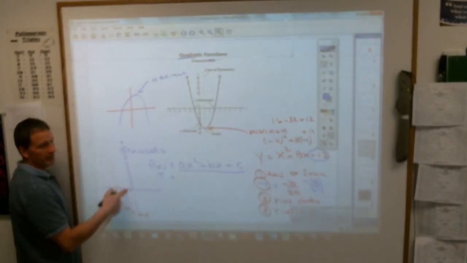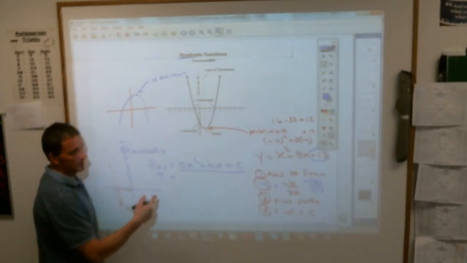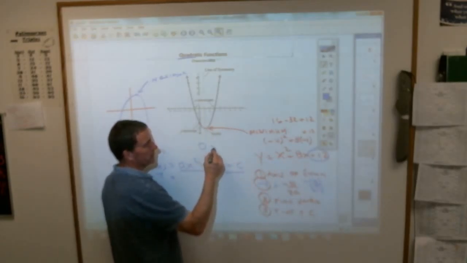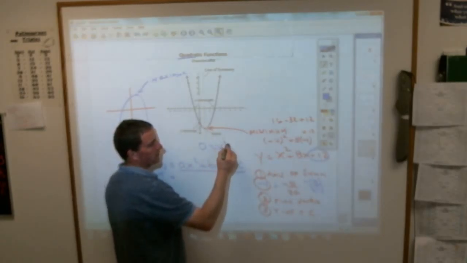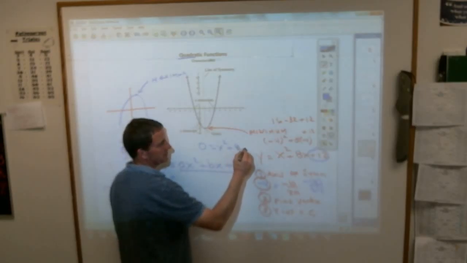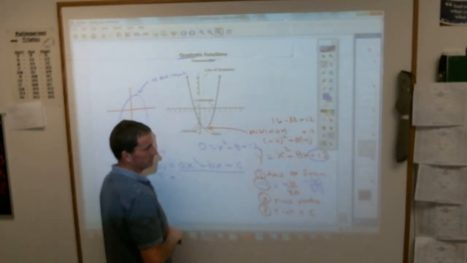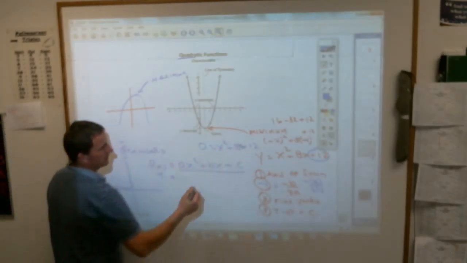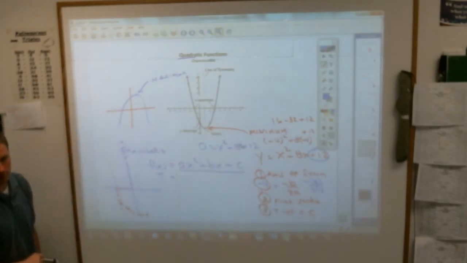What are my coordinates at that point? 1, 0. What's my value for y? No, that's my x. 0. So if you put a 0 in for y, 0 equals x squared plus 8x plus 12. How can I find out the values for x?